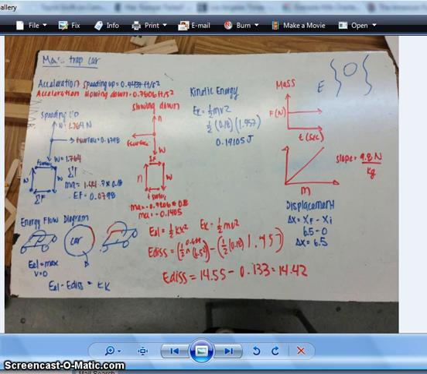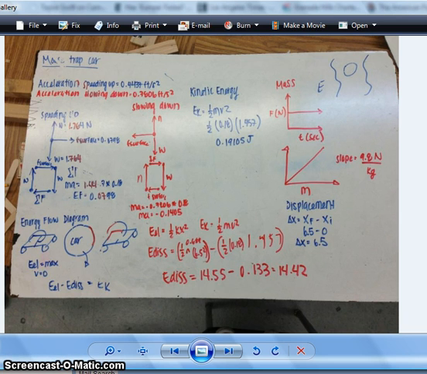The acceleration for slowing down is negative 0.7806. So our sum of forces equals 0.18 times negative 0.7806, which is negative 0.1405.